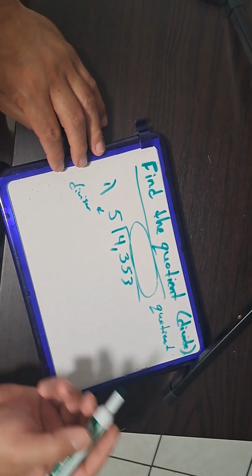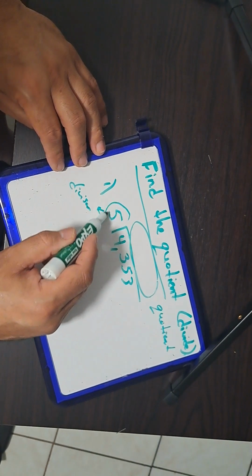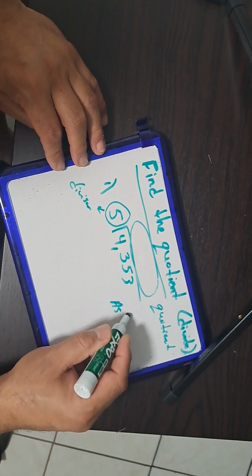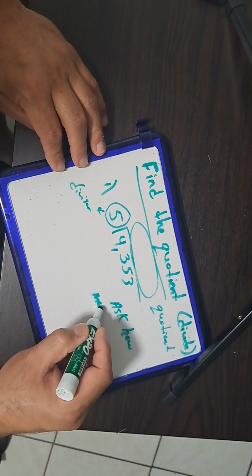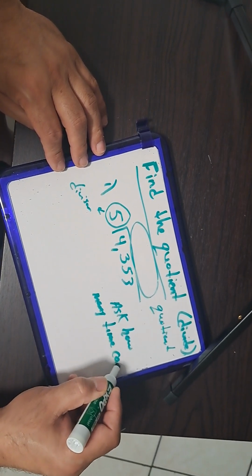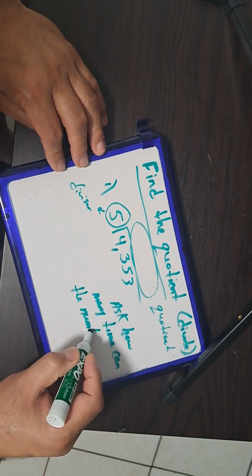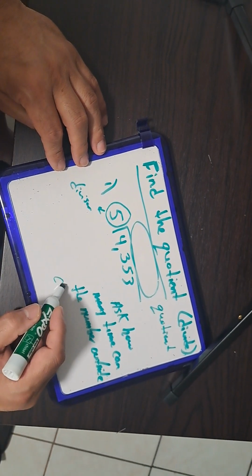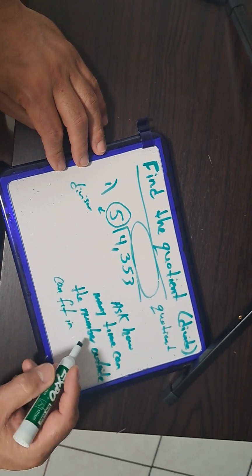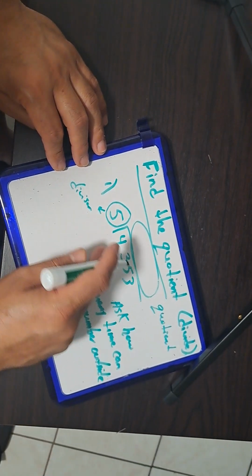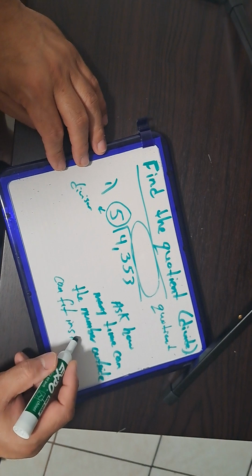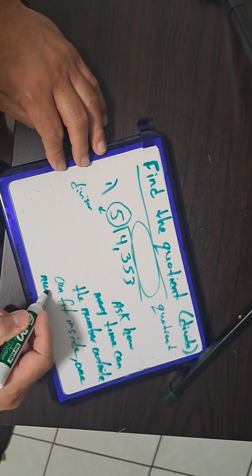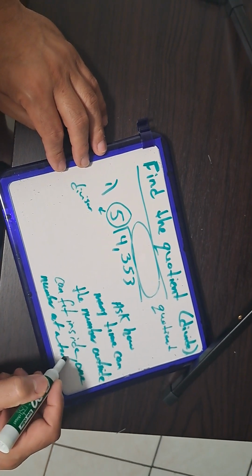The first one is asking yourself how many times can the number outside, the divisor, fit in the number inside, but just one number at a time, right?